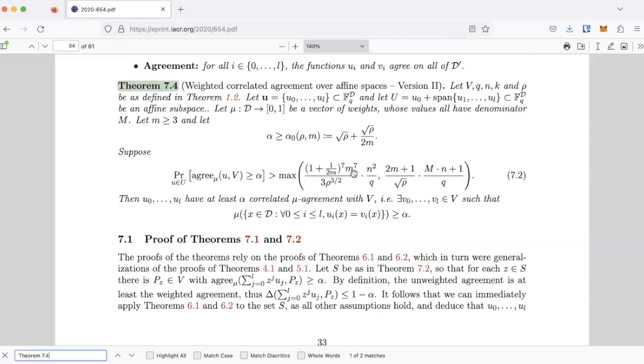It feels like we should be able to replace this first term with just n. This looks like it's extracted from theorem 5.1, and we should be able to translate into the corresponding theorem 4.1 and replace this with n, which I think may mean that now the bounding term for this maximum argument is actually the second term rather than the first term.